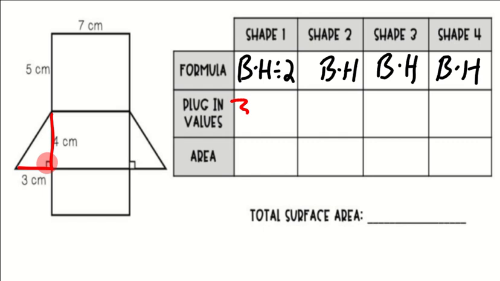So we've got 3 times 4 divided by 2. 3 times 4 is 12. 12 divided by 2, 6. How many triangles are there though? 2. So we're going to go ahead and double it. You could do 6 plus 6, so you can add them up also as you're working on it.